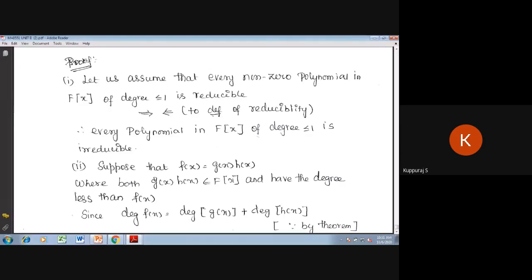Already we have studied the theorem: if a polynomial can be expressed as a product of two polynomials, then the degree of f of x is equal to the degree of g of x plus the degree of h of x. The statement of the theorem is familiar to you.